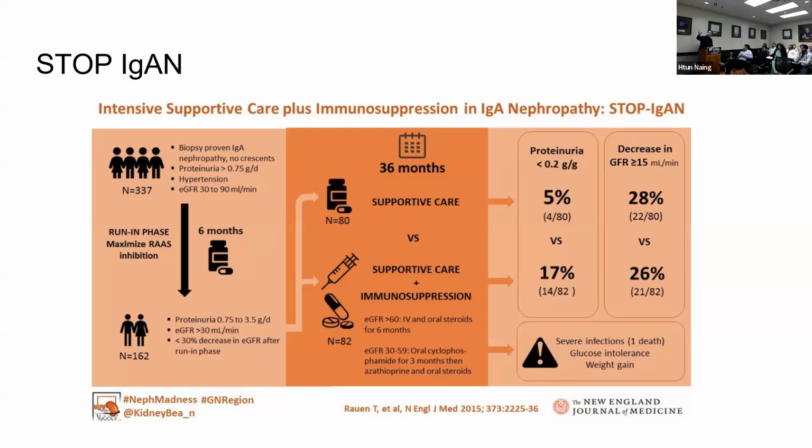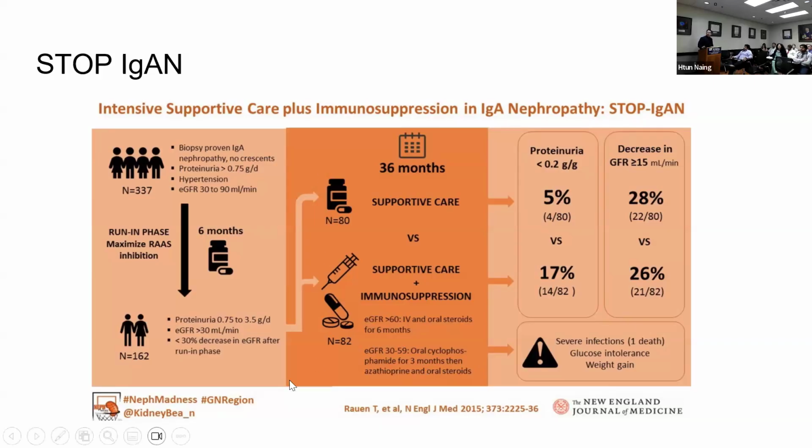What is not written on this slide is that another full recovery criterion for this trial is proteinuria less than 0.2 gram per gram and/or eGFR decline of less than 5 ml per minute in the 3-year trial. The next criterion is a decrease in GFR of more than 15 in 3 years.